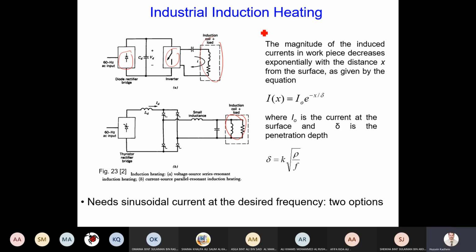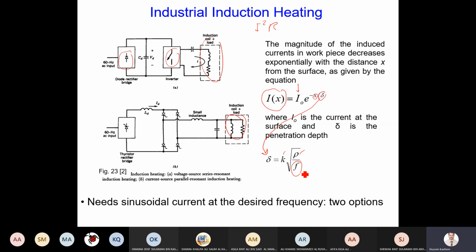Now the heat increases or decreases based on the current, as I mentioned, I squared R. But the current itself is a function of I0, which is the current at the surface of the metal pan, multiplied by exponential minus x over delta. x is the distance between the pan and the coil, and delta is the penetration depth, meaning the depth inside the metal. But this delta is a function of k, a constant, rho, the resistivity of the metal, and of the frequency.